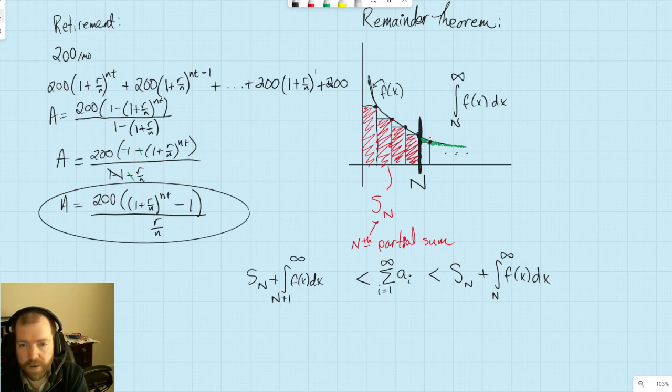So if we go over here and we draw this line here at n plus 1, again, we're going to have all these red rectangles that we're trying to add up in terms of the sequence.